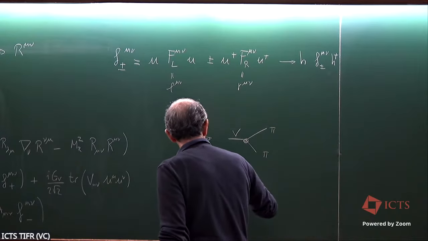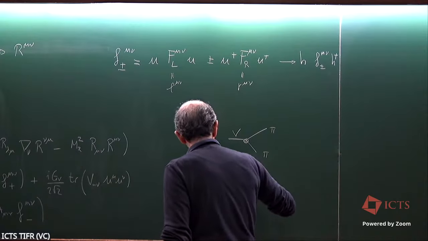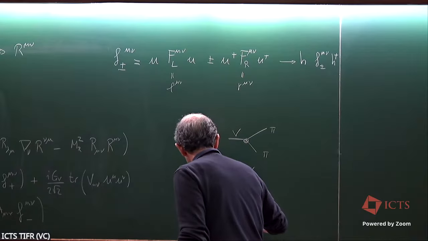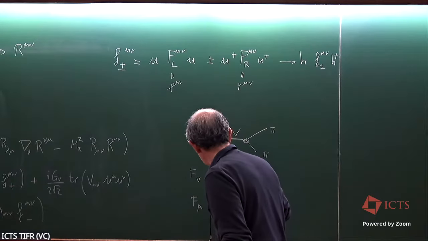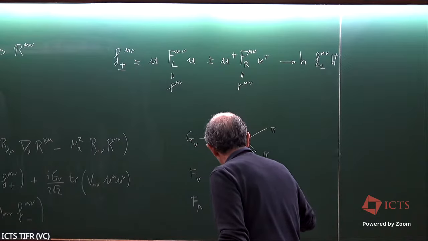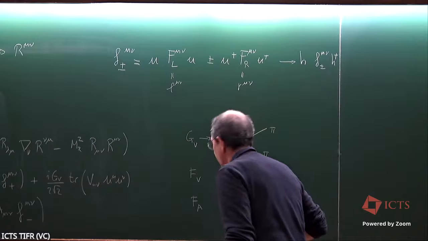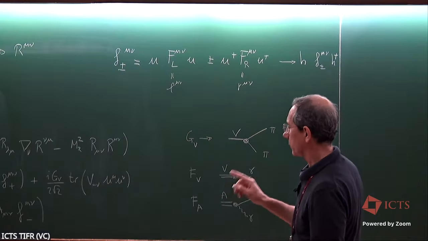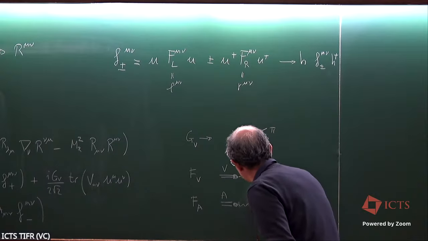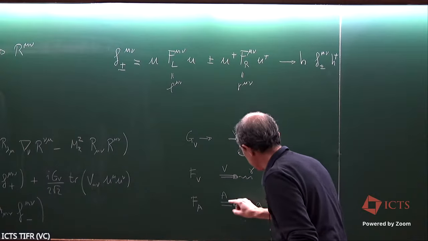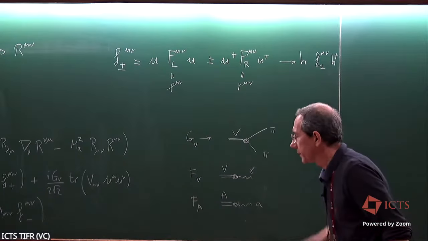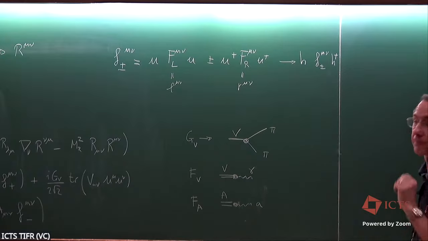FV is what controls the vector coupling to photon, and FA is what controls the axial coupling to the external axial field. Or this could also be just the axial current, okay?